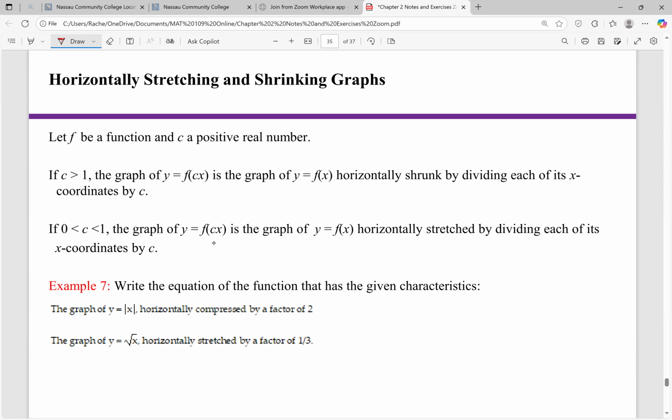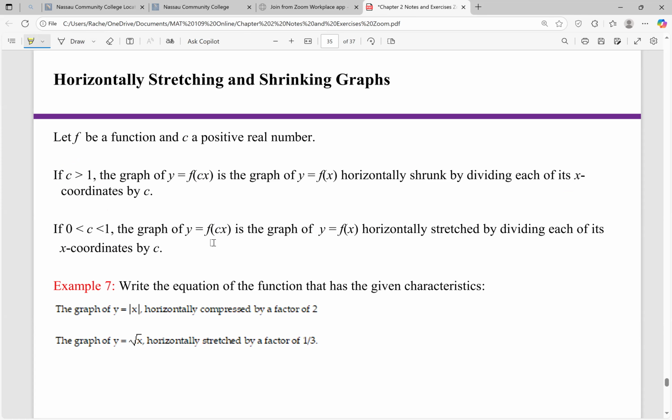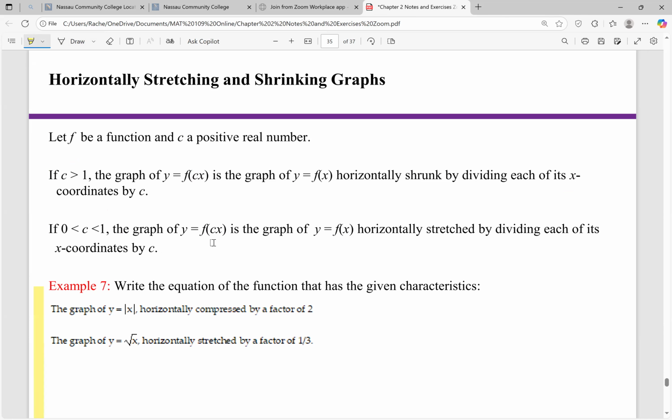So let's look at example 7. Write the equation of the function that has the given characteristics. So the graph of y equals absolute value of x horizontally compressed by a factor of 2.